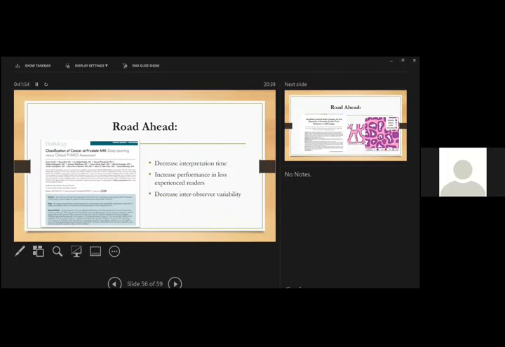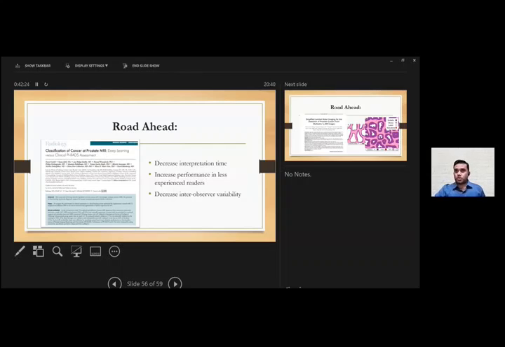A word on the road ahead, as AI and deep learning is the prime terminology that is coming up. There is this article in Radiology which has looked at deep learning versus clinical PIRADS assessment, wherein we can see that deep learning and AI will help in decreasing the interpretation time.